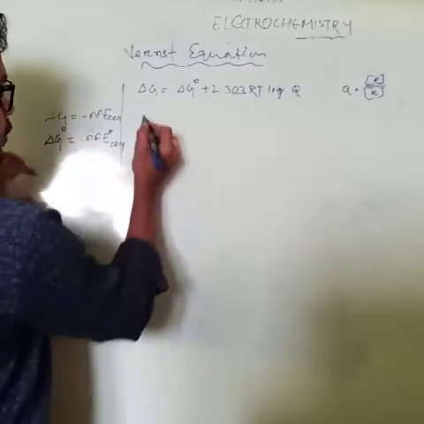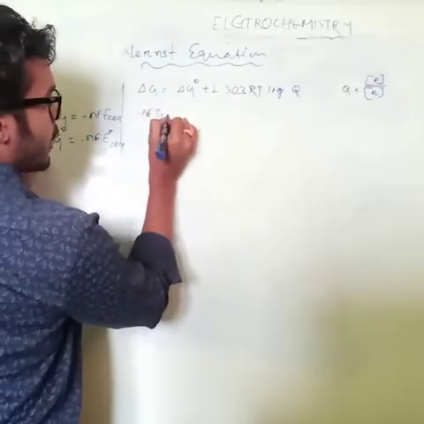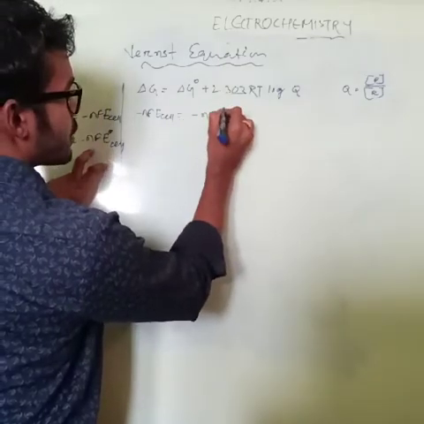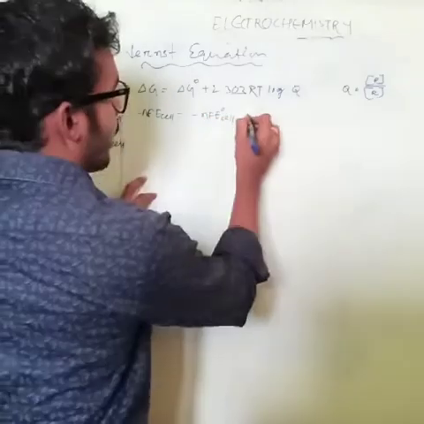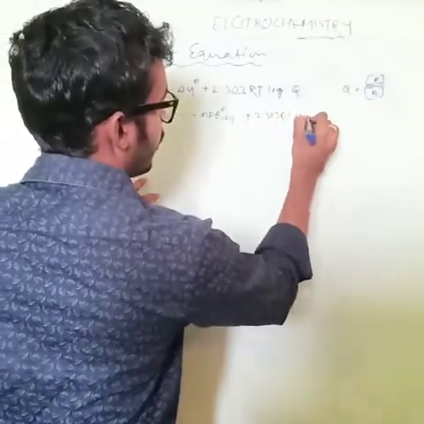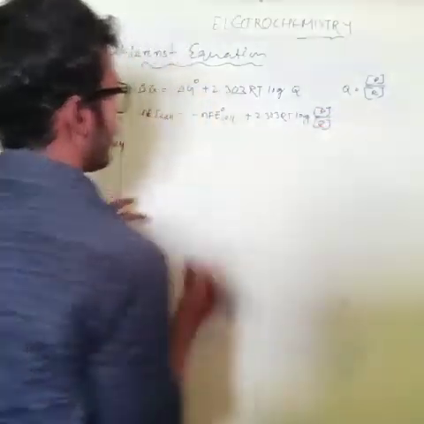So minus nF E cell equals minus nF E naught cell plus 2.303 RT log product by reactant concentration.